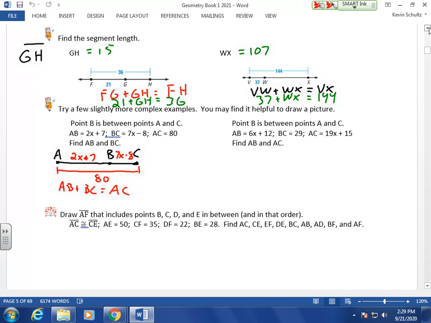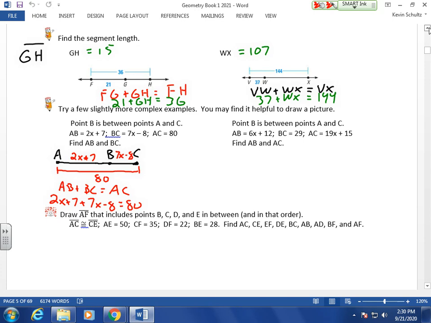We know that AB is 2x plus 7 plus BC, which is 7x minus 8, equals AC, which is 80. So like I said, slightly more complex than what we did up above, but really just the same thing. We're putting the pieces in place here, identifying what the relationship is, and now again, we have an algebra equation to solve.